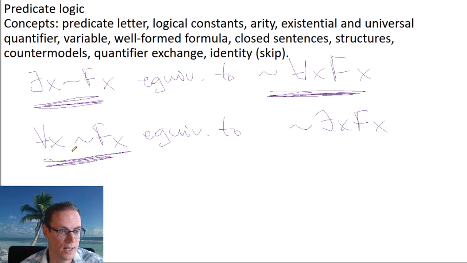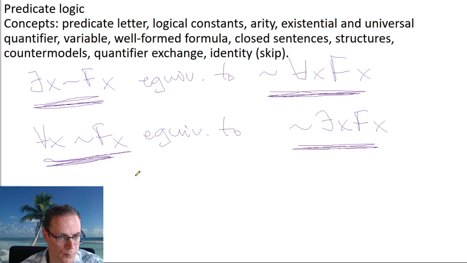For all x not fx, that is the same as to say there's not a single mortal person. It's false that there exists someone mortal. Okay, so this is important to realize, how negation and the quantifiers interact.